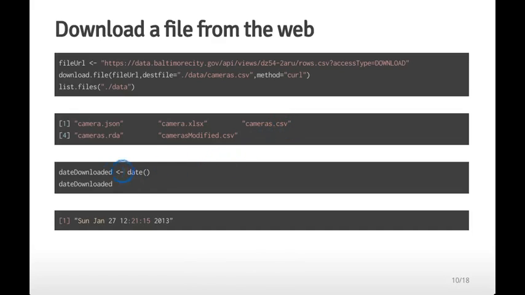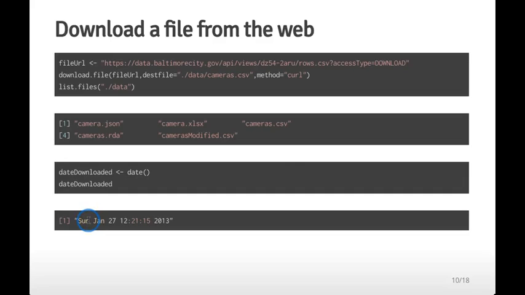The other thing that I can do, and I recommend this if you're going to be downloading data from the internet, is store the date that you downloaded the file as a variable. The way that you do that is you type date, open parentheses, close parentheses, and that accesses the date and returns it. So you've stored in this dateDownloaded variable the actual time and date when you downloaded that data set.